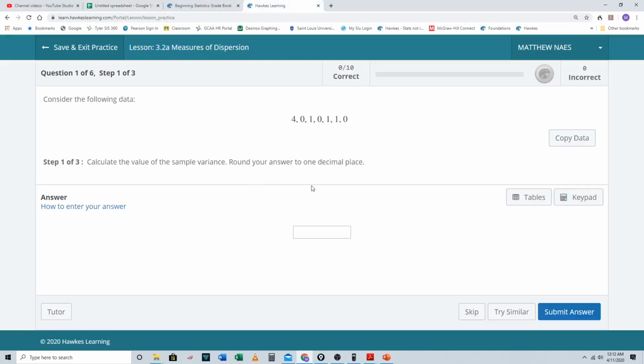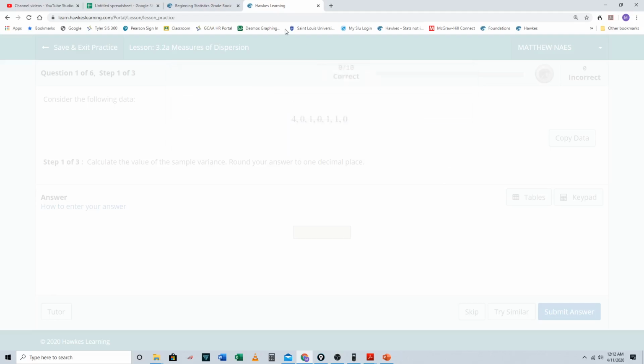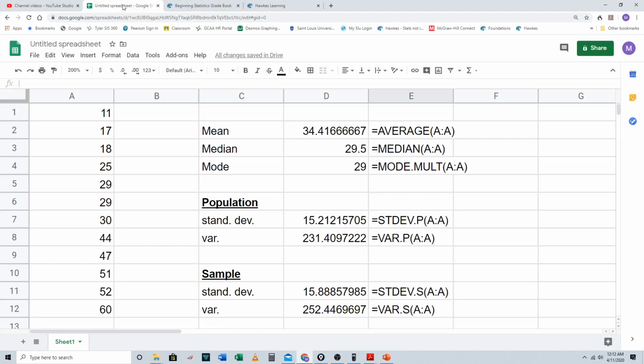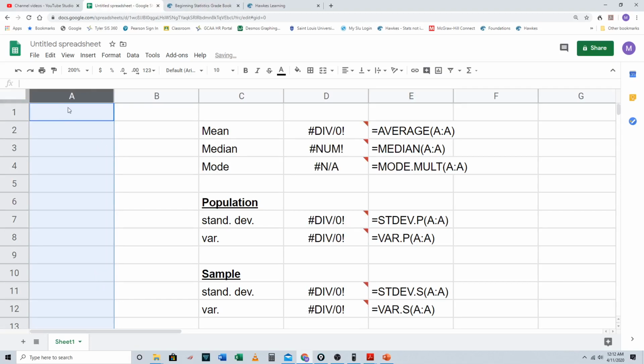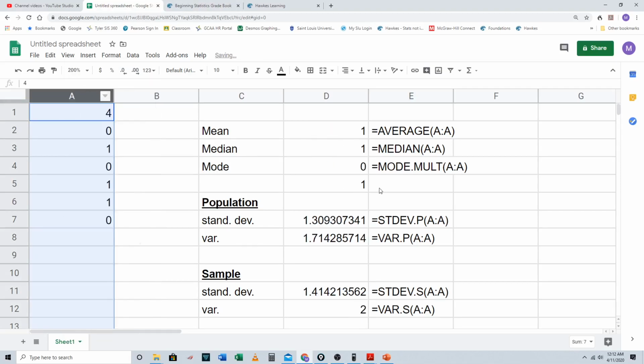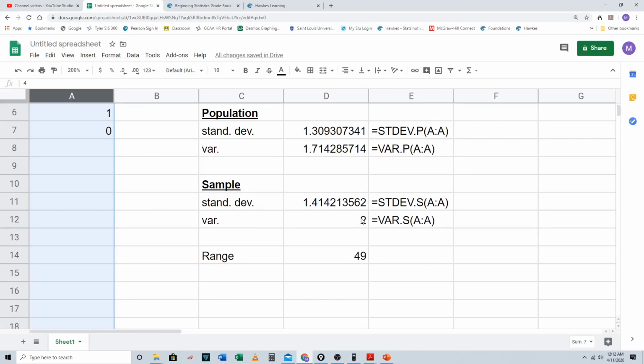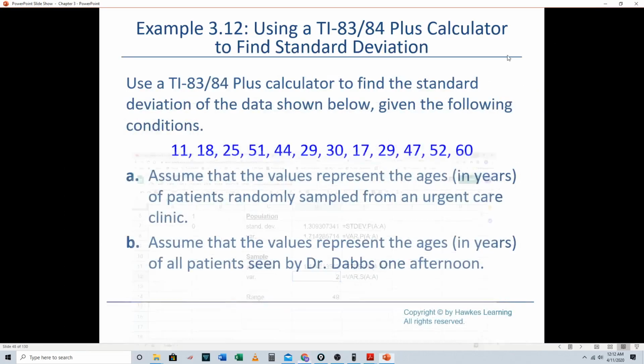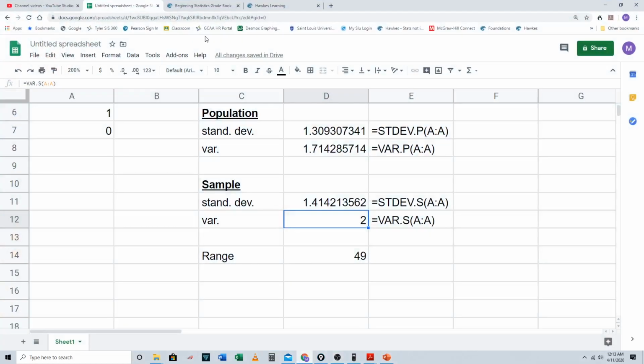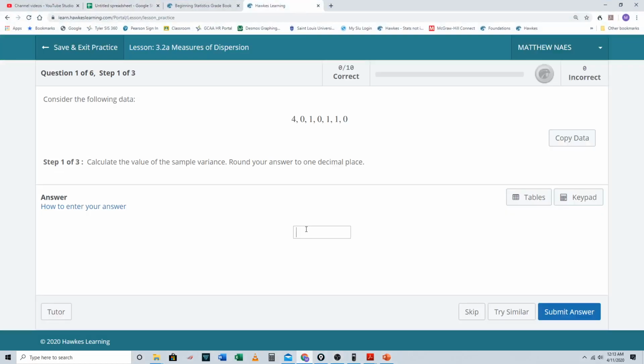All right, I think that covers everything. So, sample variance of this data. I'm going to copy what I wanted, delete this, and paste. Now I wanted sample variance. It is 2. All right, it was correct.